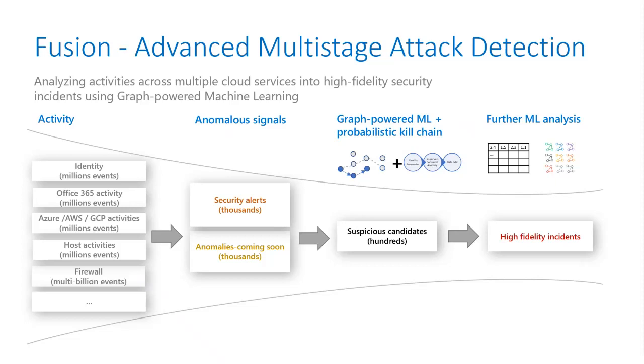That's the first step. That's still a lot, hundreds of incidents every day. Once we have these suspicious candidates, we want to make sure we are surfacing the real threats to you. So we apply additional ML analysis to identify and trigger those high severity and high fidelity incidents into your Sentinel workspace. So these Fusion incidents are by design high severity, high fidelity, and low volume. We're hoping to leverage our machine learning model to help you reduce alert fatigue and to make sure you can catch the real threat.